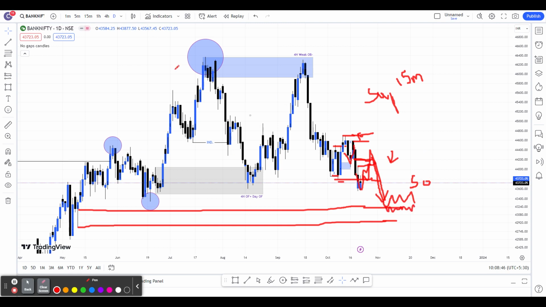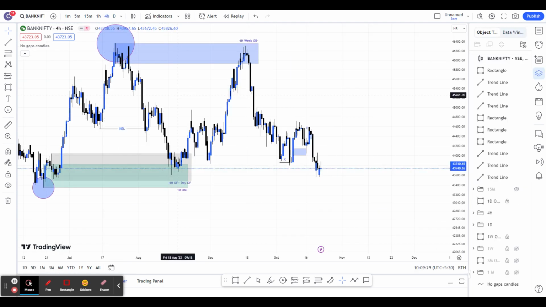So let's see the 4 hour structure. As I can see, guys, in the 4 hour the market is still the same, the market breaks below it. As I said, this fair value gap will create a demand. Now look at this area: this fair value gap creates demand in this area, and again this demand creates a recent supply with a fair value gap.